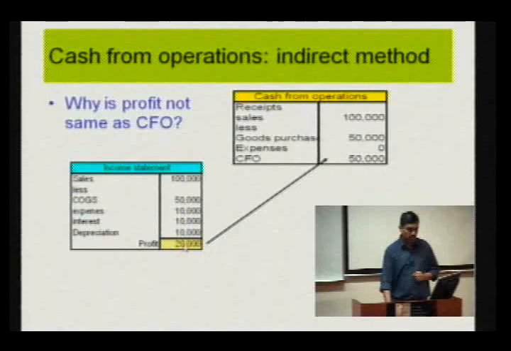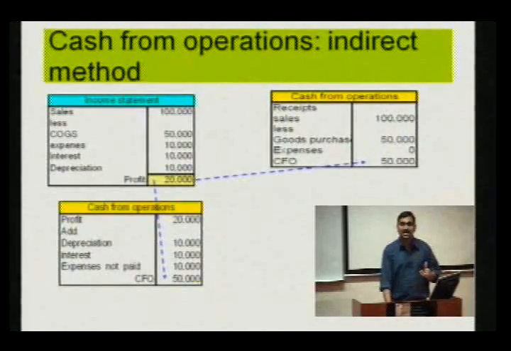So, why profit is not same as CFO is a question which direct method cannot answer. The indirect method can answer that. So, what is this indirect method? Indirect method tries to adjust the profit with non-cash items, non-operating items and credit items.